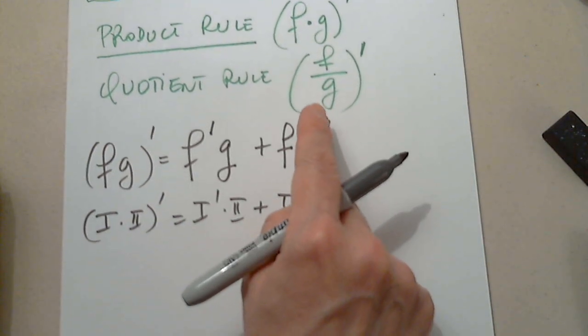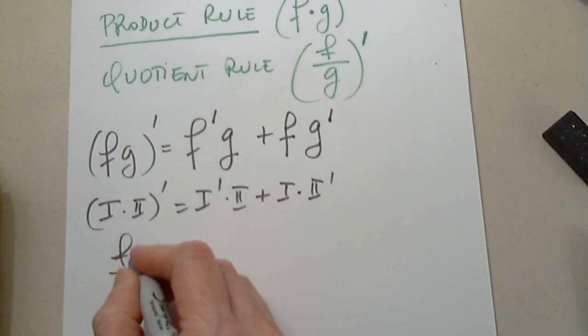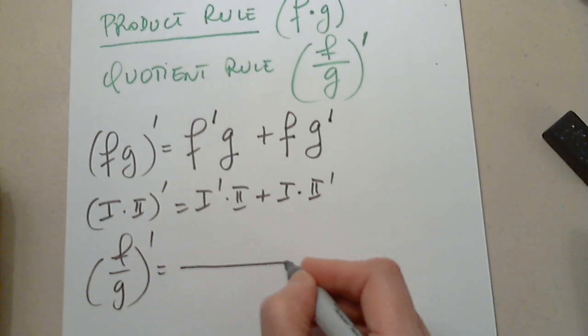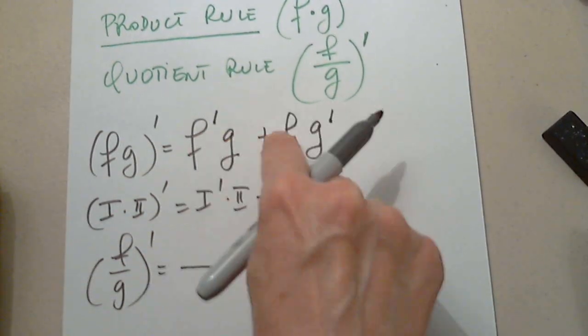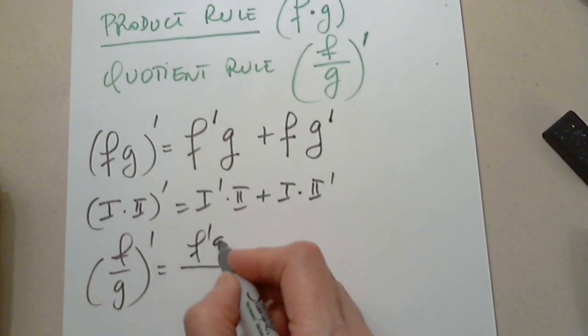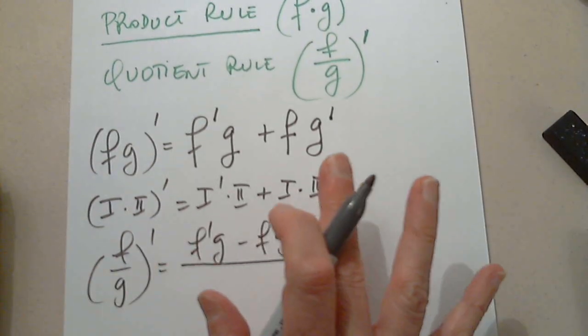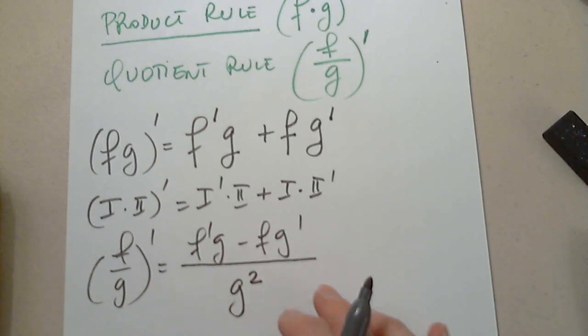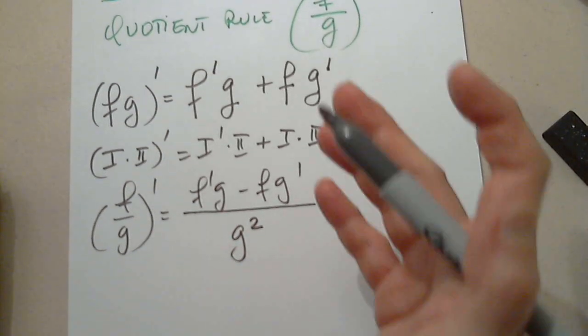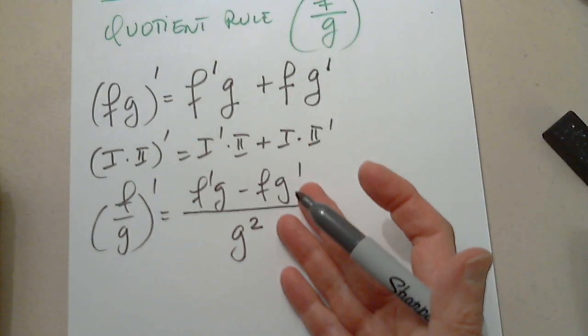Same idea with the ratio, but different, of course. The numerator is this, but with minus. F prime g minus fg prime. The denominator is not differentiated, but just squared. Simple and easy to remember.